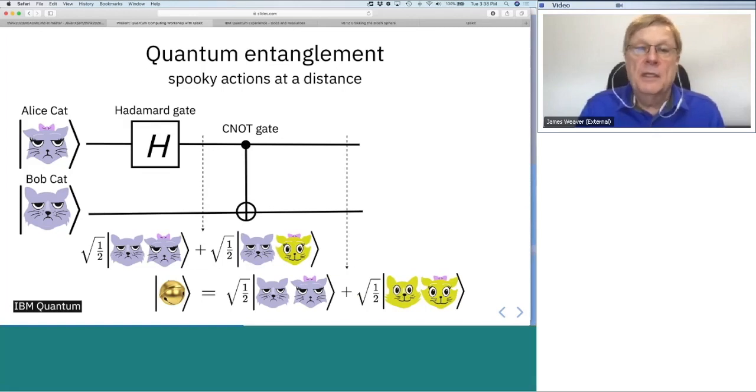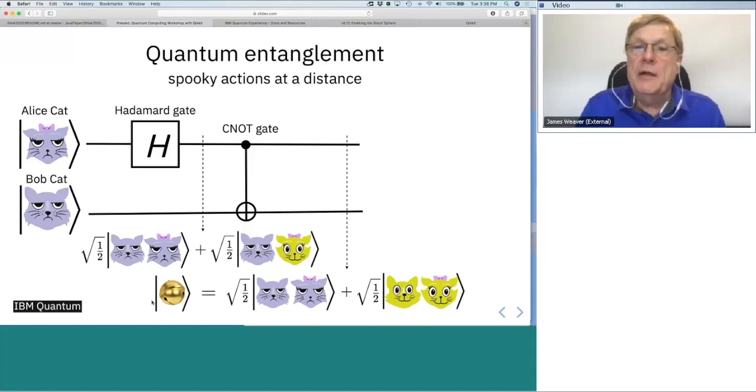It's got an X gate down here that is conditional upon the state of Alice. So whenever Alice is happy, it's going to flip Bob's state. And if Alice is not happy, if she's grumpy, it's not going to flip Bob's state. So that puts the quantum state into this equal superposition of grumpy, grumpy, or happy, happy, which is one of the Bell states.